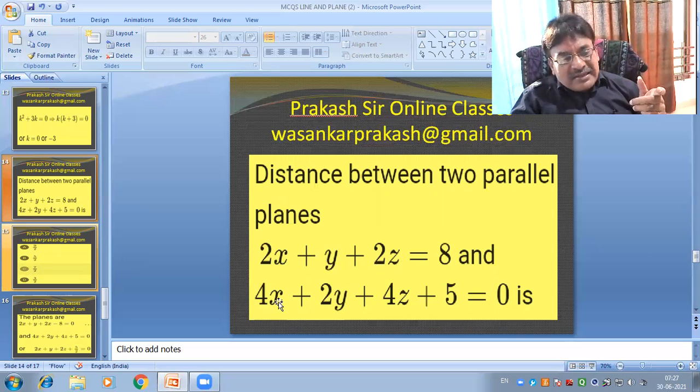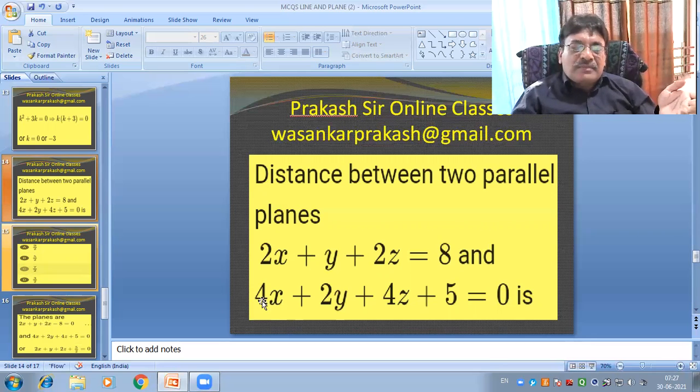From the second equation, take 2 common, then we get the coefficients of x, y, z in the first and second plane equal. So divide both sides by 2, and we get 2x plus y plus 2z plus 5 by 2 equals to 0.